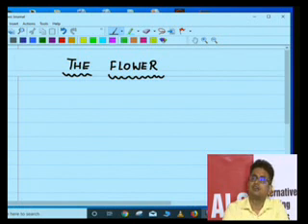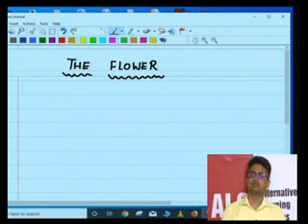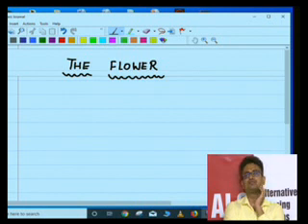Do you agree with the statement, floral parts are modified leaves? Yes or no? Nobody? Okay. Alright, no problem. I'll explain to you.